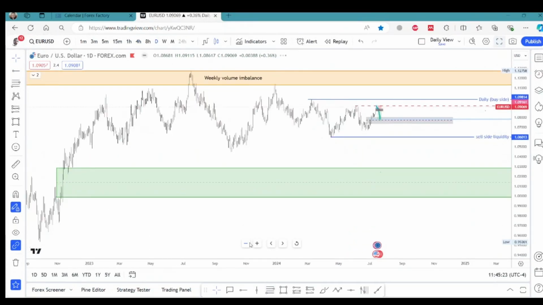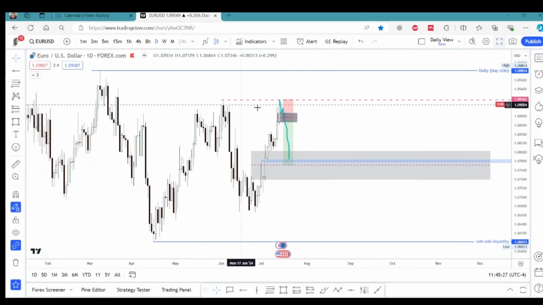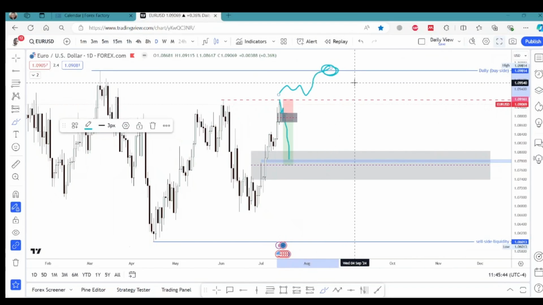If the price, instead of going down after taking this high, just keeps going up and stays up for a day or two, then probably I'll be looking for a long from here and probably targeting this high.